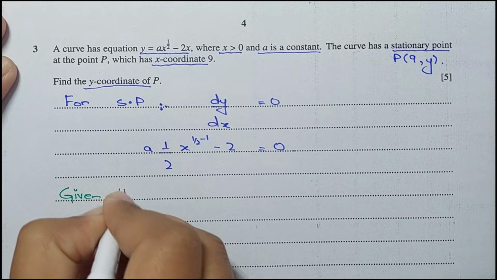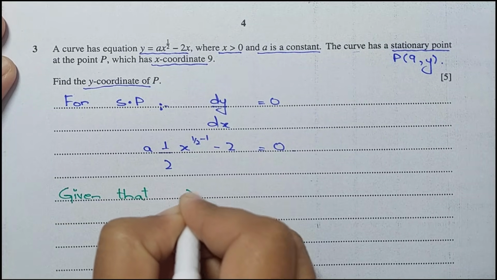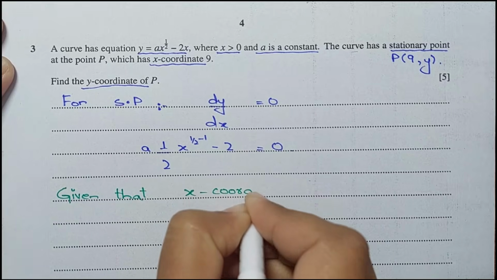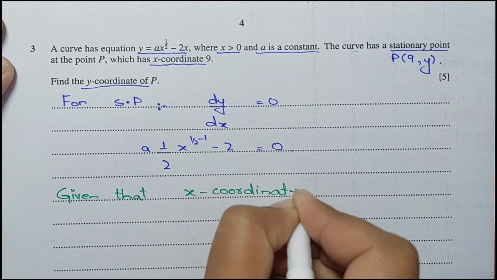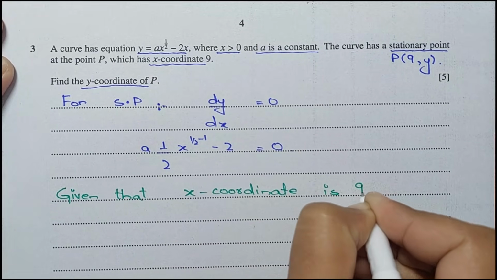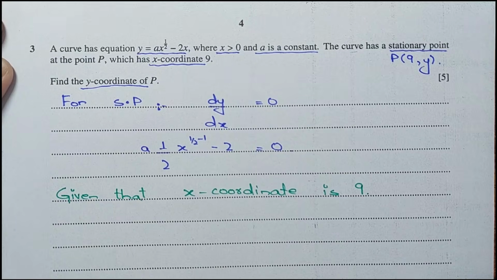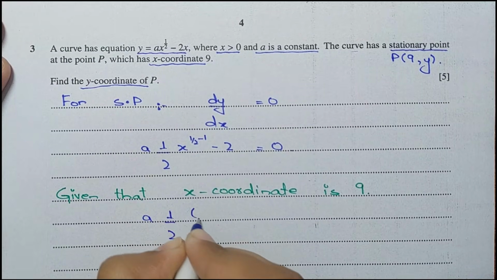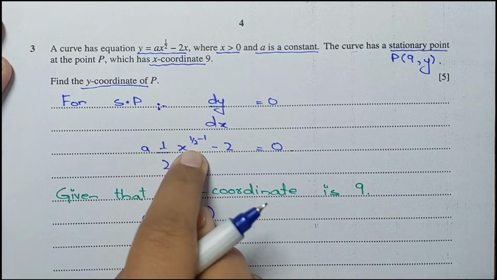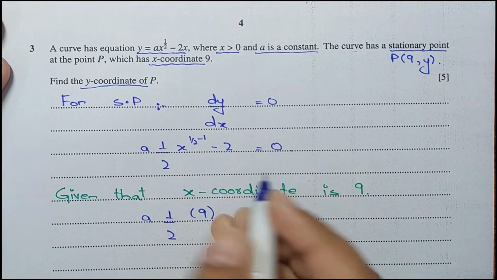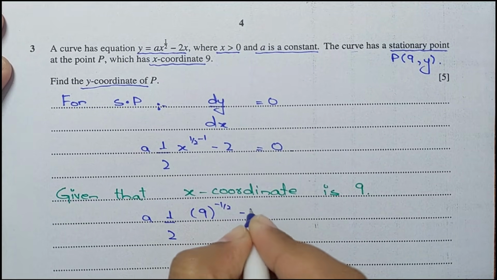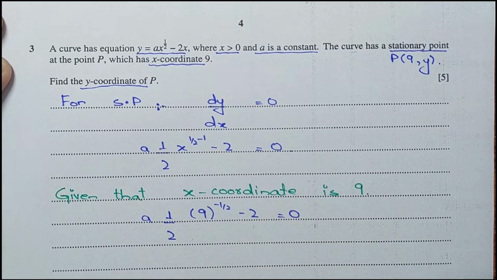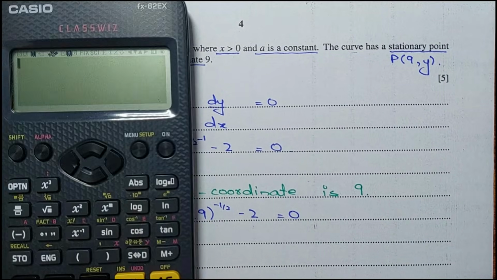Given that the x coordinate is 9, from here we can get the a value, right? So a times 1 over 2, x coordinate is 9, its power is 1 by 2 minus 1, so it's minus 1 by 2, minus 2 equals 0.